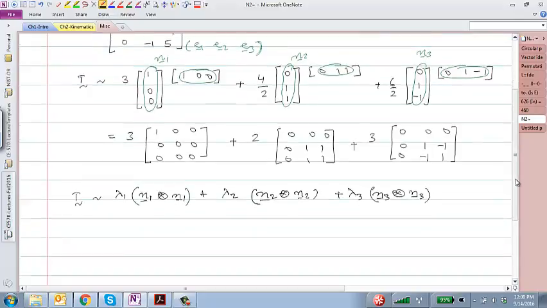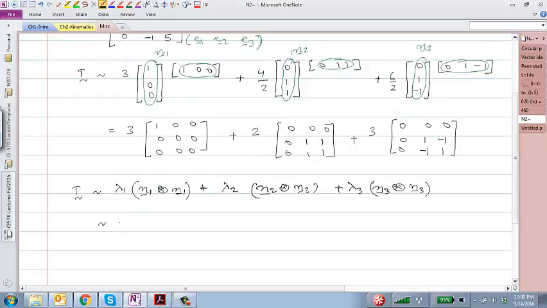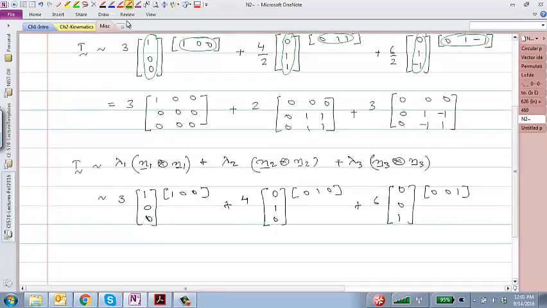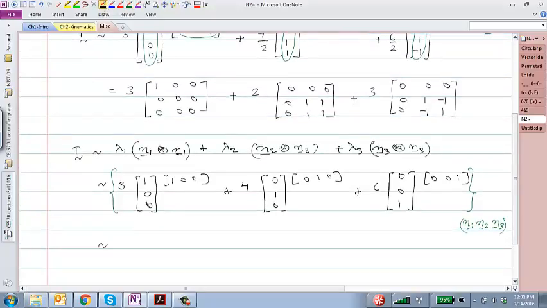So if I do that for this particular tensor, I can write that as 3 times n1, which would be (1, 0, 0) dyad (1, 0, 0), plus 4 times n2, which would be (0, 1, 0) dyad (0, 1, 0), and plus 6 times n3, which would be (0, 0, 1) dyad (0, 0, 1), and all of this is with respect to the n1, n2, n3 coordinate system, which means that the same tensor T in the n1, n2, n3 coordinate system would be just 3, 4, 6 on the diagonals.